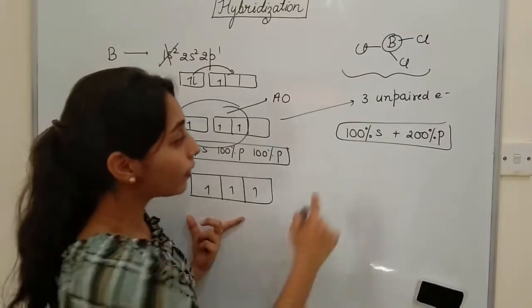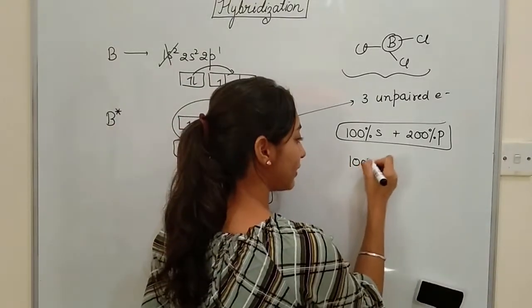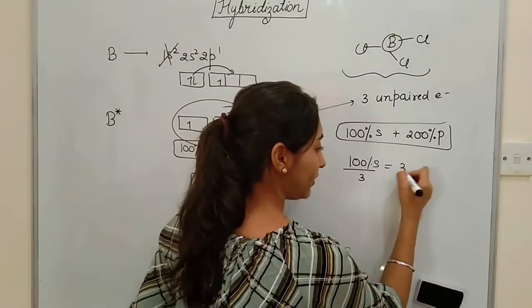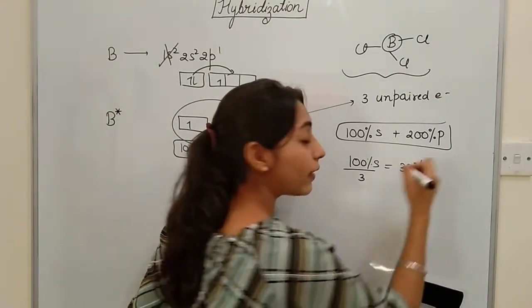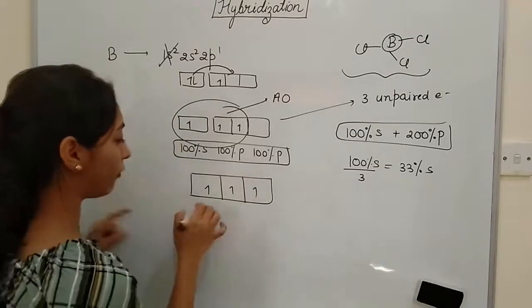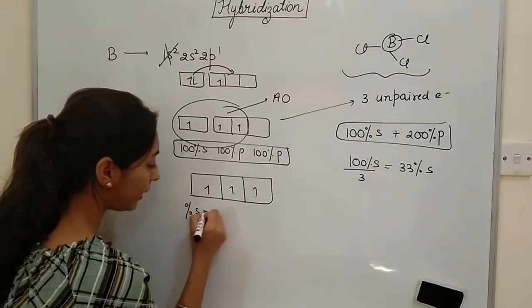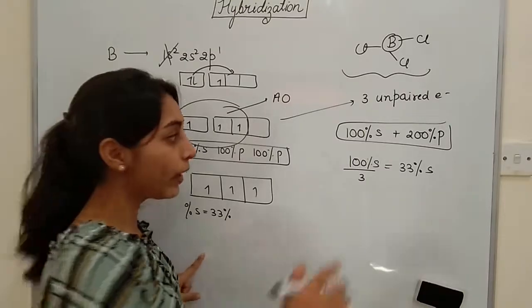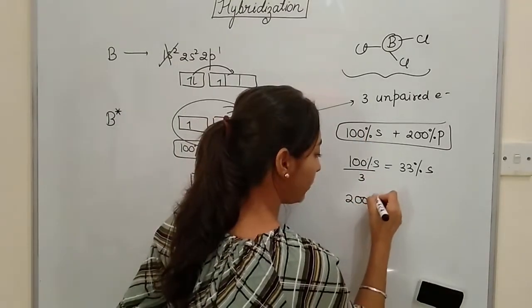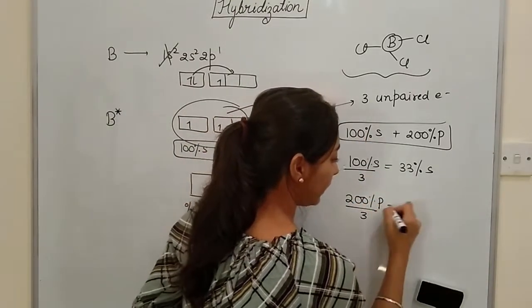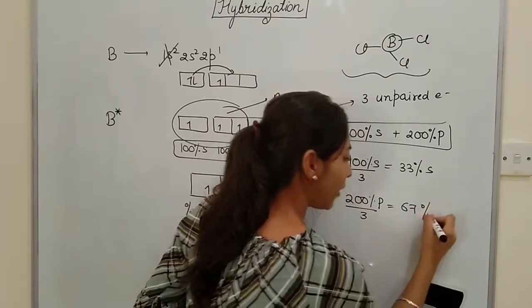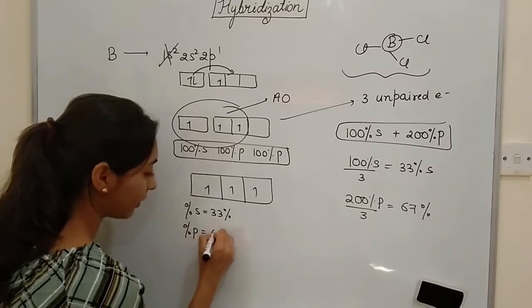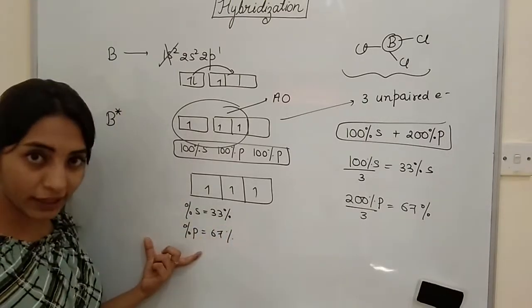If 100% S is divided among 3 of them, each gets 33.33% S, so each has about 33% S. And if 200% P is divided among 3, each has around 67% P.